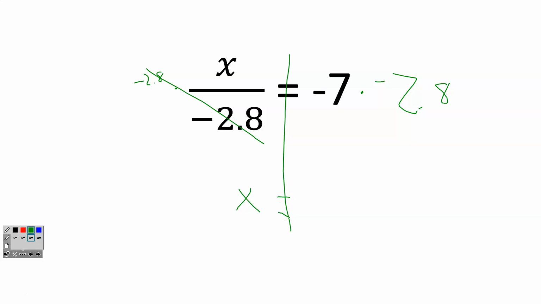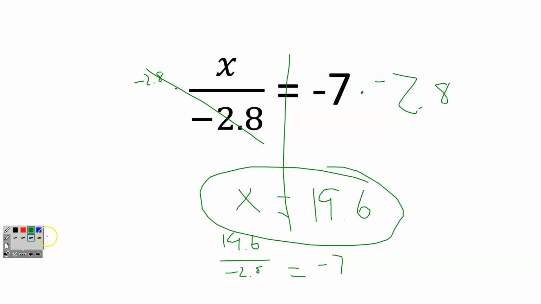When I type in my calculator negative 7 times negative 2.8, I get an answer of positive 19.6. If I plug it in to check my work, 19.6 divided by negative 2.8, when I type that in, it does give me negative 7. So that's my correct answer.